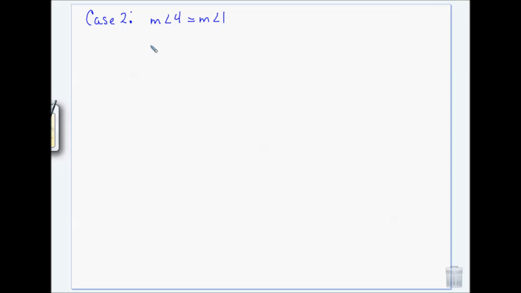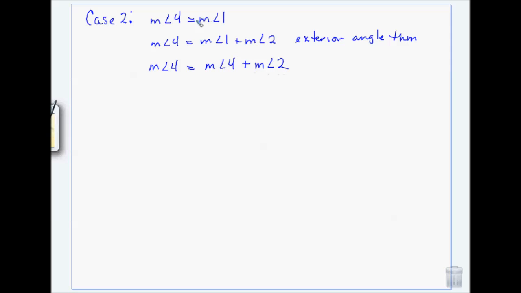All right, now I know that angle 4 is equal to angle 1 plus angle 2, because again, we have the exterior angle theorem. THM is my little shortcut for theorem when I run out of space. Is that confusing? Well, if I use substitution, that means angle 4 is equal to angle 4 plus angle 2, because angle 4 and angle 1 are the same.